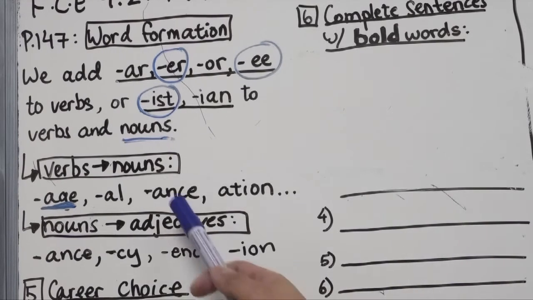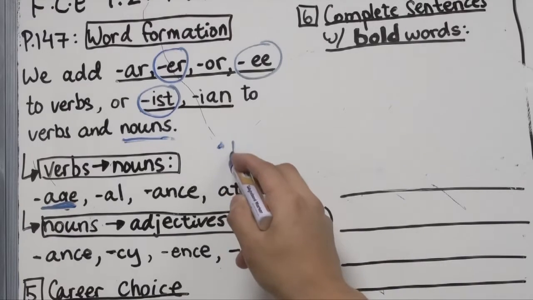Let's look at ANCE. Alright, so we have the word hinder becomes hindrance. Maybe this word is too hard to understand. Hinder means to stop somebody. Hindrance is the activity of something being stopped. So let's talk about perform instead.